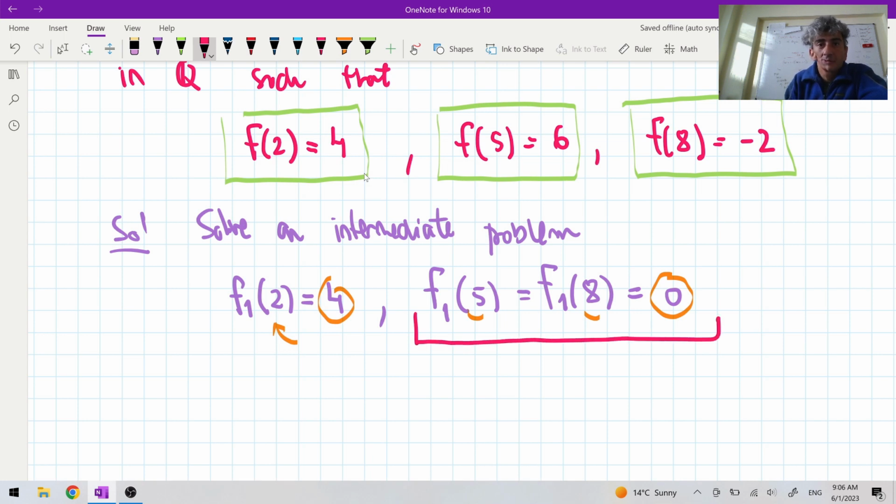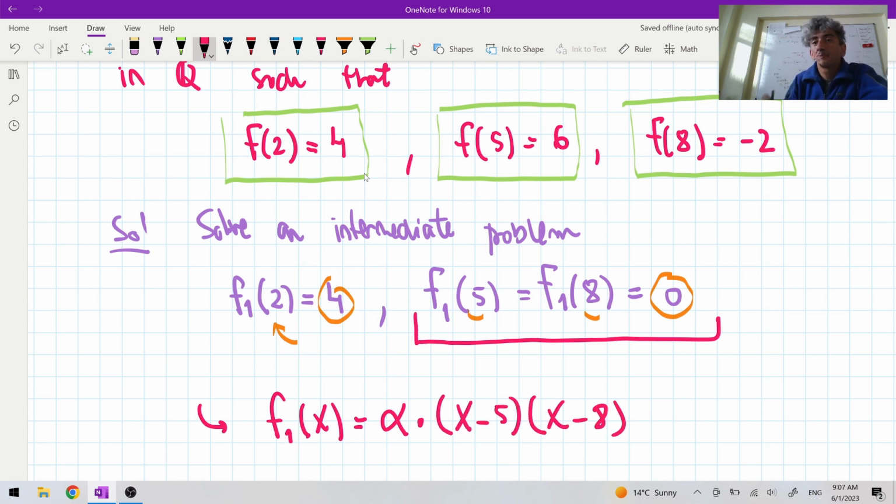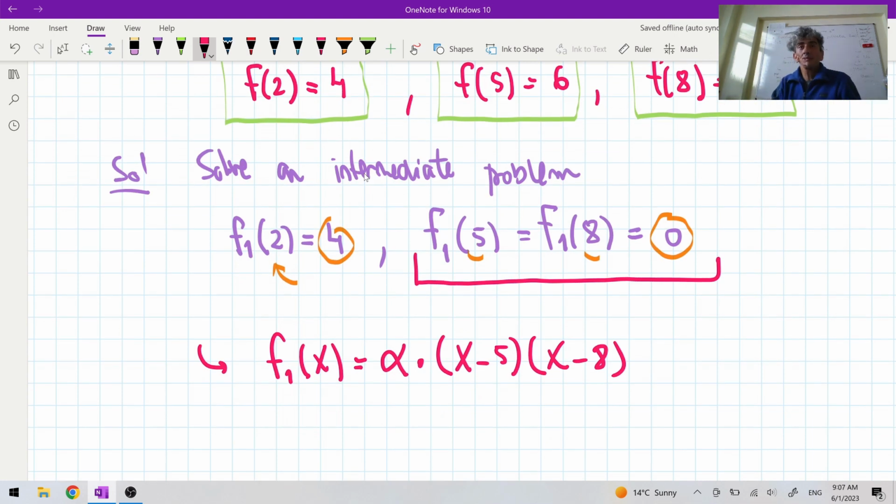So f sub 1 of x has to be of the form a constant alpha times x minus 5 times x minus 8. This polynomial f1 will automatically check these two obligations. When we plug in 5, we get 0. When we plug in 8, we get 0. So this is already taken care of.